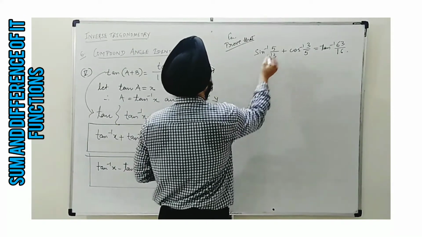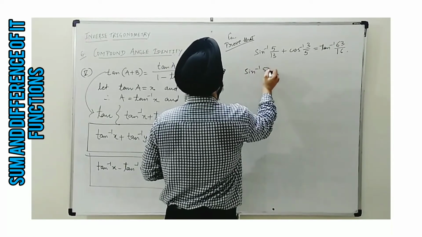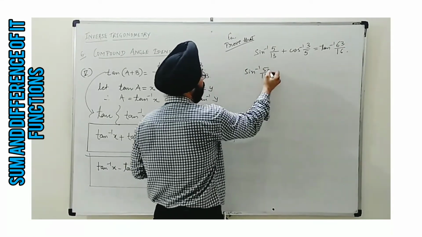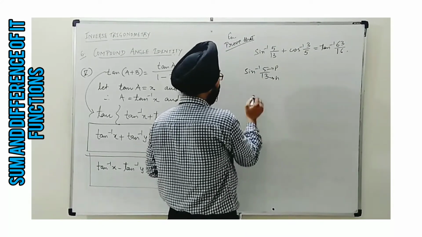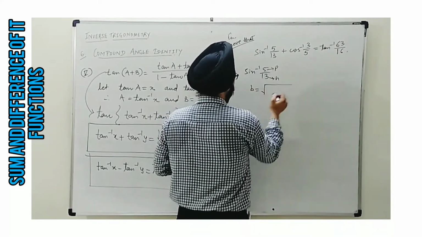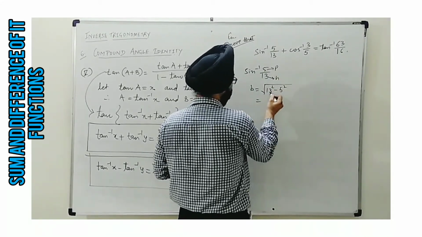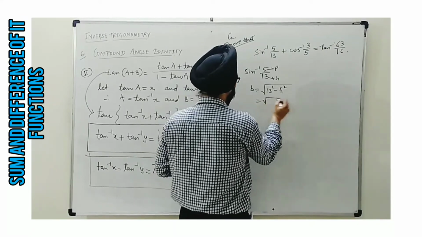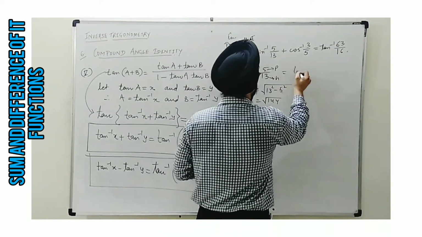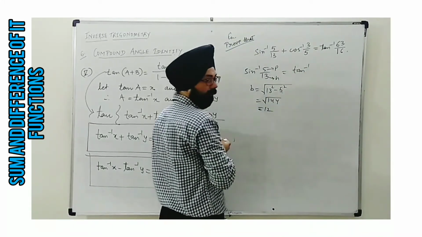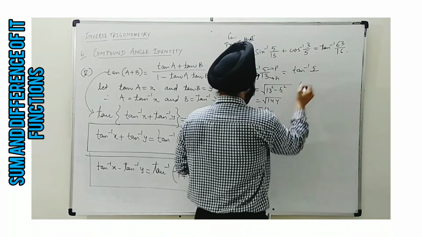I will convert sin inverse 5 upon 13. Obviously this is the perpendicular, this is the hypotenuse. So by Pythagoras theorem, base is equal to the square root of hypotenuse square minus perpendicular square, which comes to be 169 minus 25, 144, and this is 12. So when I write this as tan, this can be written as tan inverse of perpendicular upon base, means 5 upon 12.